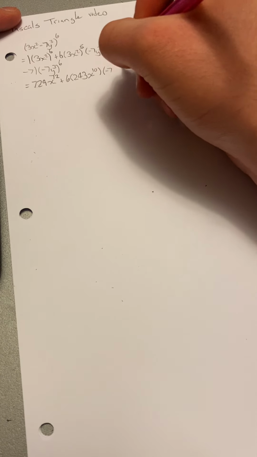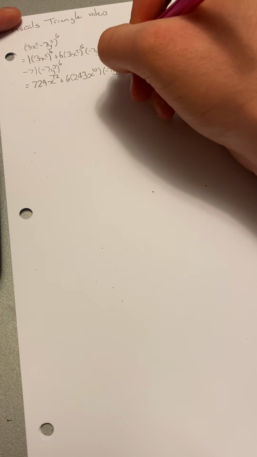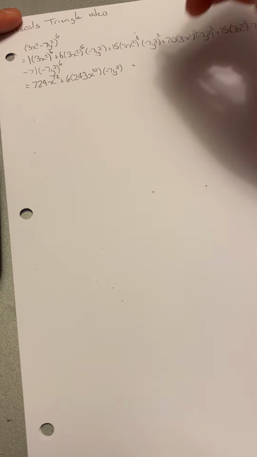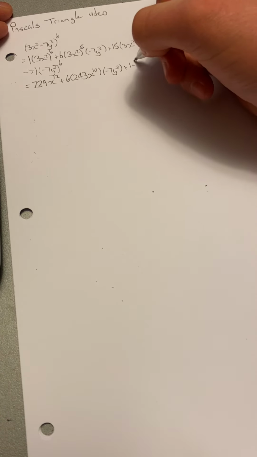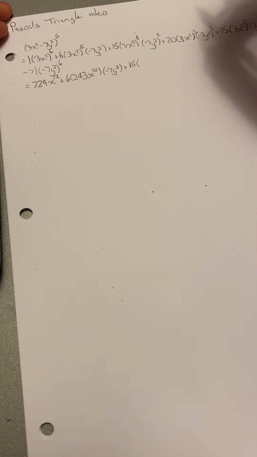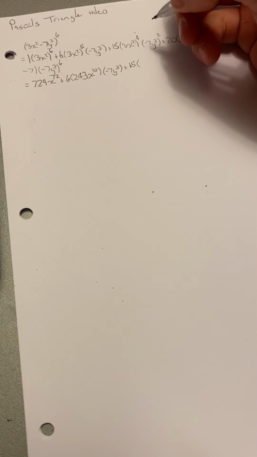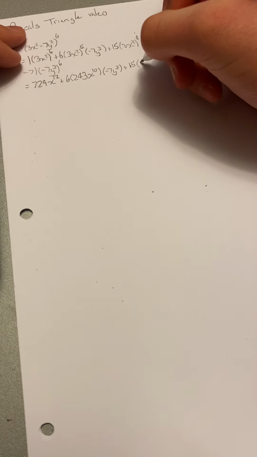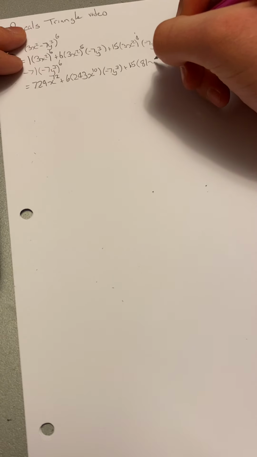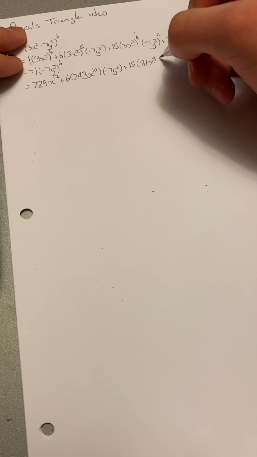Then you just have negative 7y cubed. The next one is 15 times 3 to the 4, which is 81, and x to the 8.